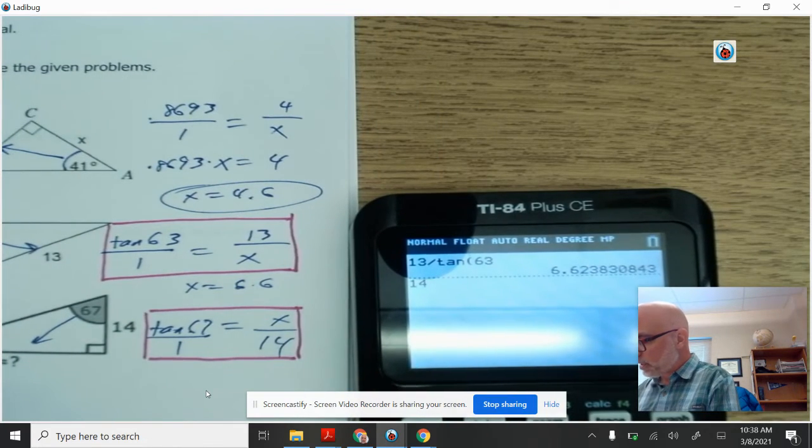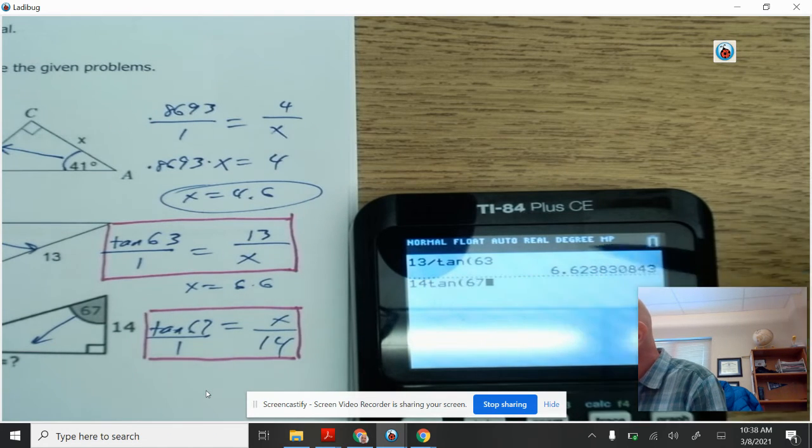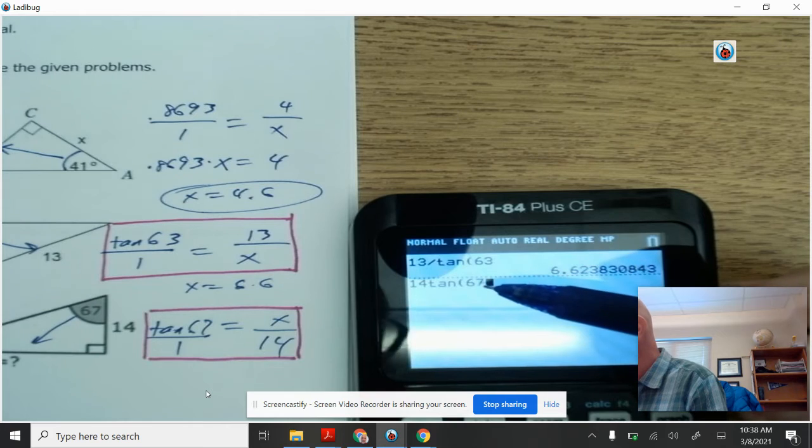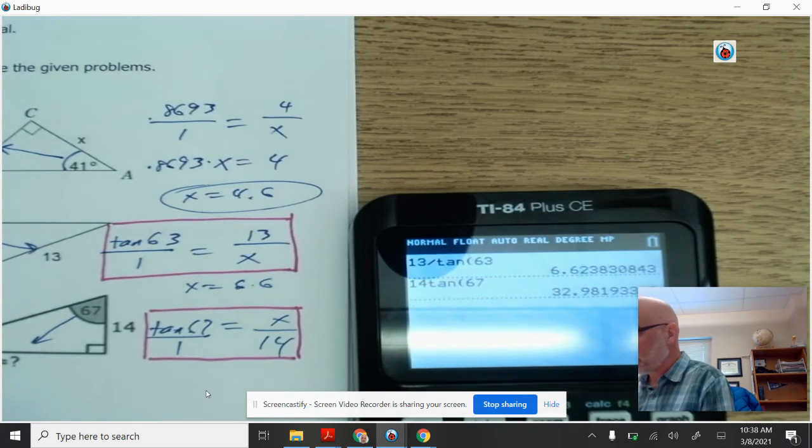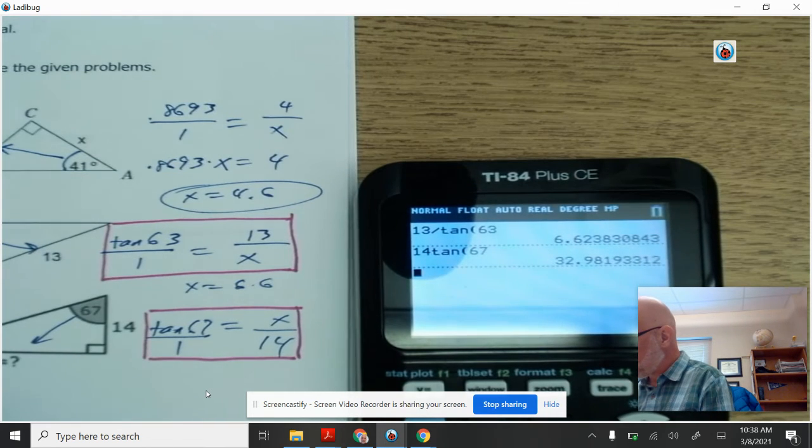Again, the fastest way to do this is type it in like this. Notice I didn't even hit times, and I didn't even close the parentheses. You do not have to close the parentheses unless you're going to do something else at the end. You can do the tangent of 67 first, but then you have to close the parentheses, hit times, hit 14. It's a lot more buttons.